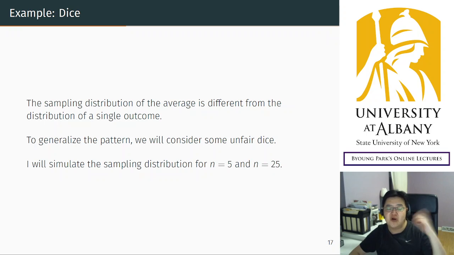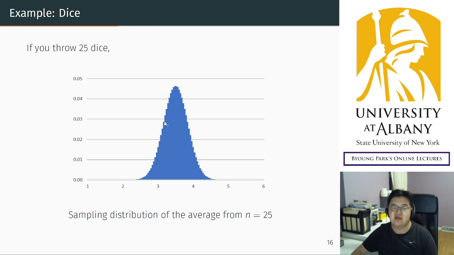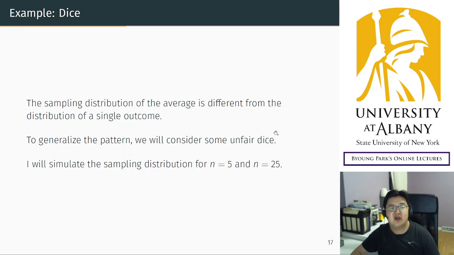When you throw one dice, the distribution was flat, but when you throw 25 dice, it looks like this curve. What we are going to do here is generalize to see if this pattern is unique or generic. By considering unfair dice, I will simulate unfair dice for n equals 5 and 25.